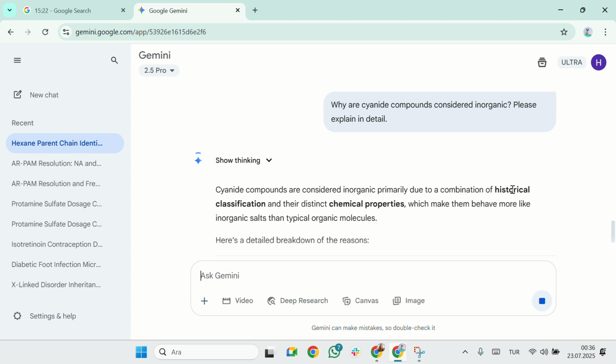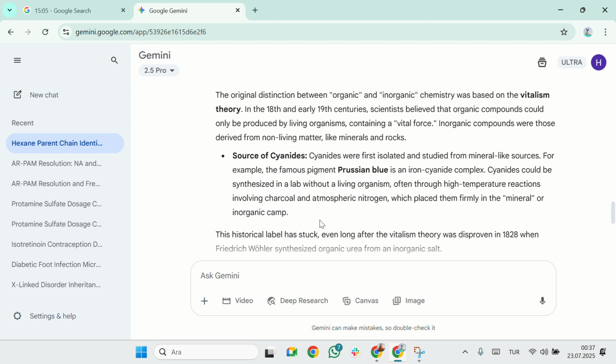Primarily due to a combination of historical classification and their distinct chemical properties, which make them behave more like inorganic salts than typical organic molecules. Here's a detailed breakdown. Historically, chemistry was based on the vitalism theory in 1890, that organic compounds could only be produced by living things through a vital force.